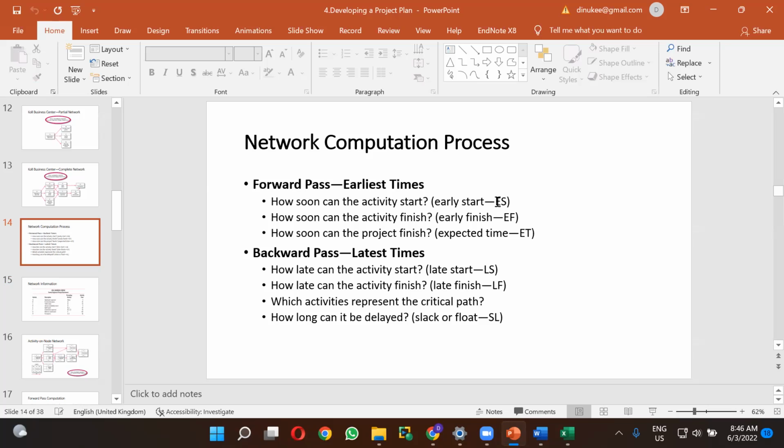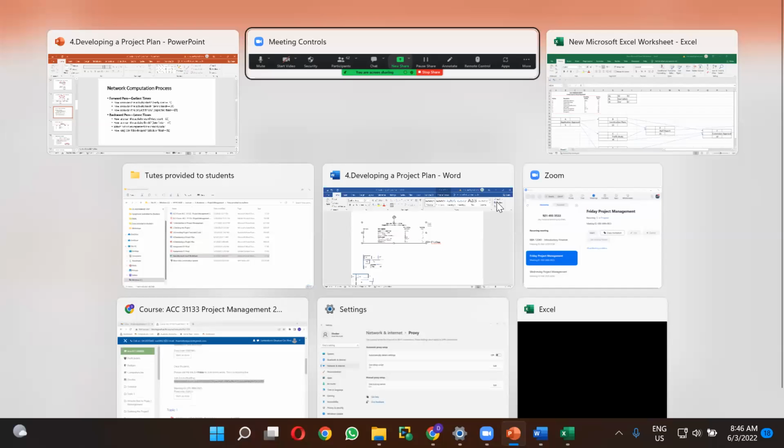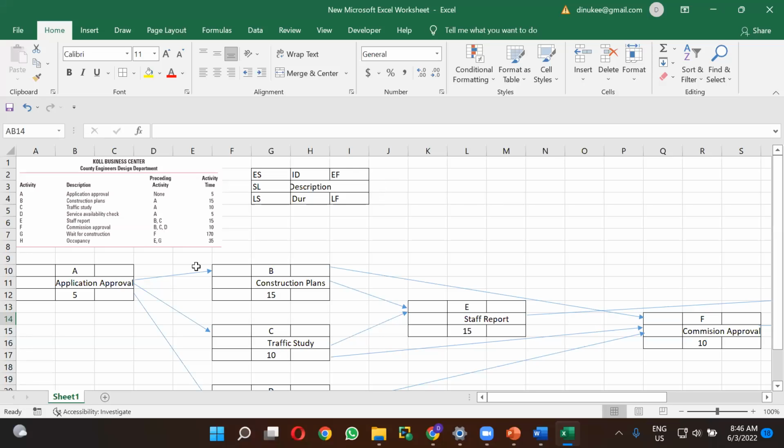Early start means, for activity A, that is the first activity that we are going to start, the early start is 0. To the early start of 0, you have to add the duration. Then you can go for the early finish time. So that is the thing that you have to do.